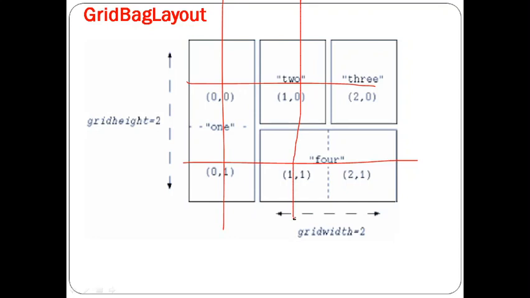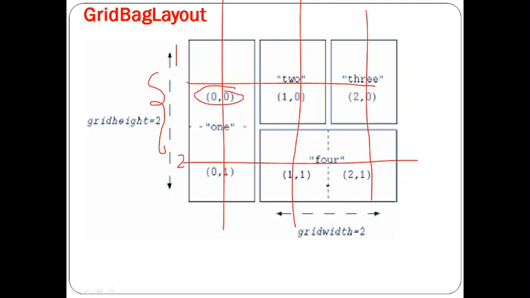My first cell, cell 0 0, needs to occupy two rows. That is, it has to be expanded from the first row to the second row. Both the first row and the second row should be occupied by the element 0 0.